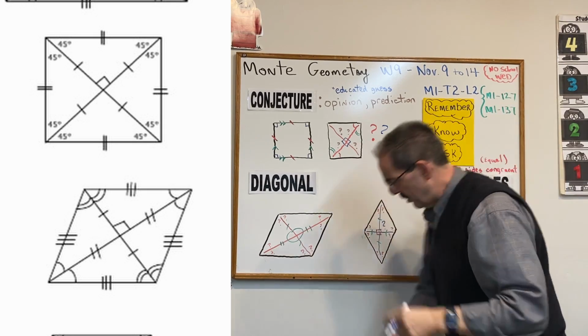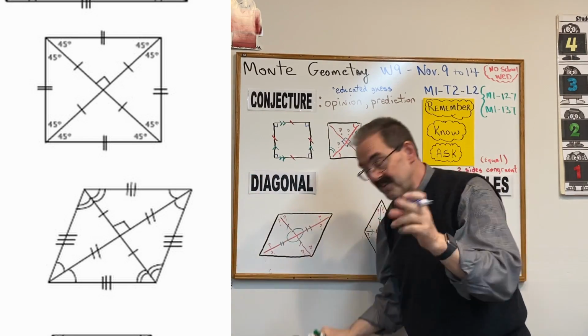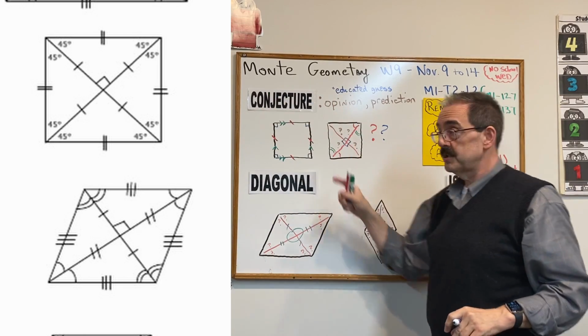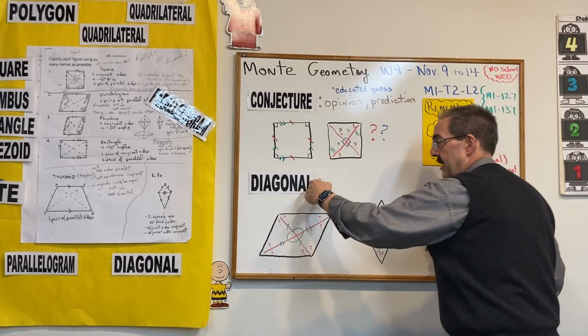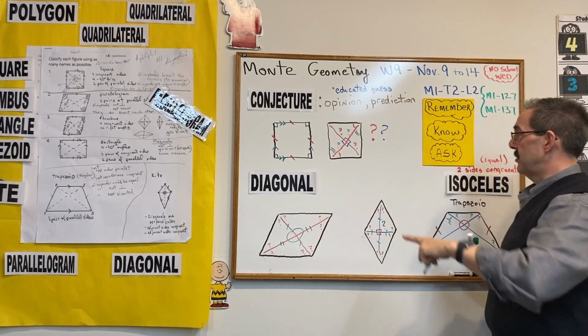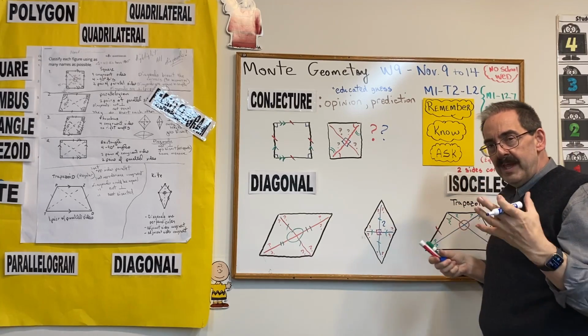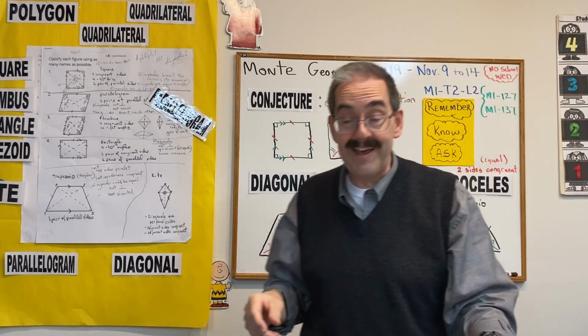Is a square a kite? Those are the types of things that we're going to study this week. And it's all about conjectures. It's all about your knowledge, adding the word diagonal, asking some questions so that we can work ourselves into triangles.